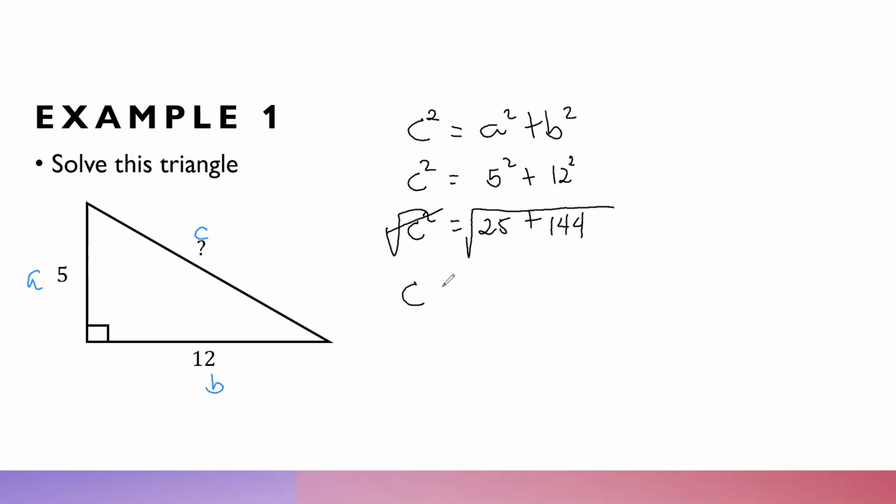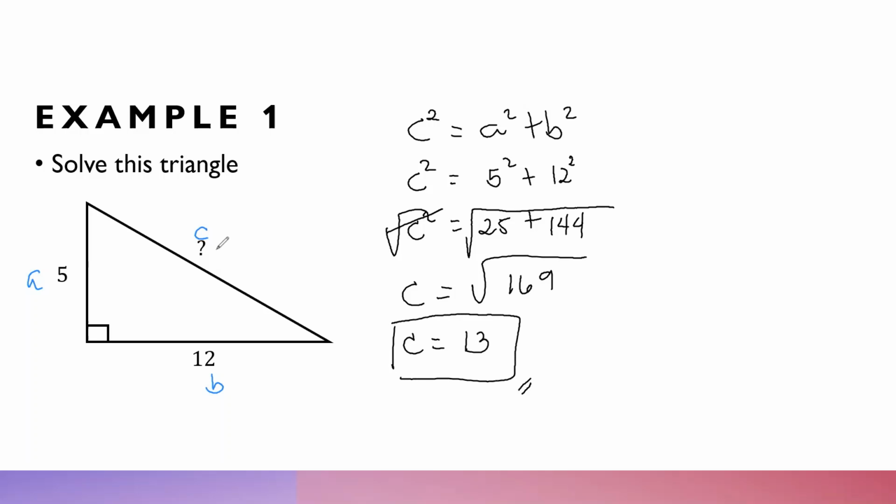Cancel this. So we have C is equal to the square root of 25 plus 144, which is 169. Now the square root of 169 is 13. So the hypotenuse, the unknown side of this right triangle, is equal to 13.